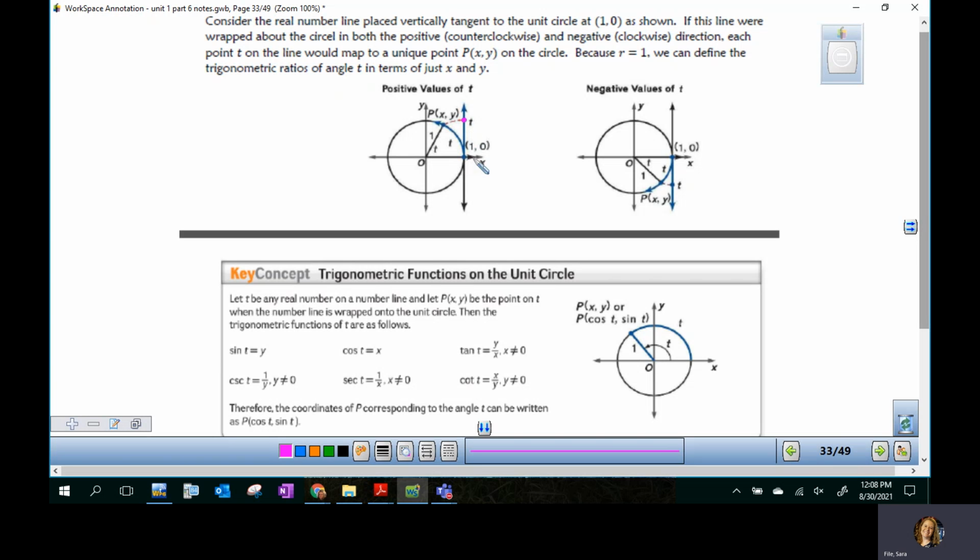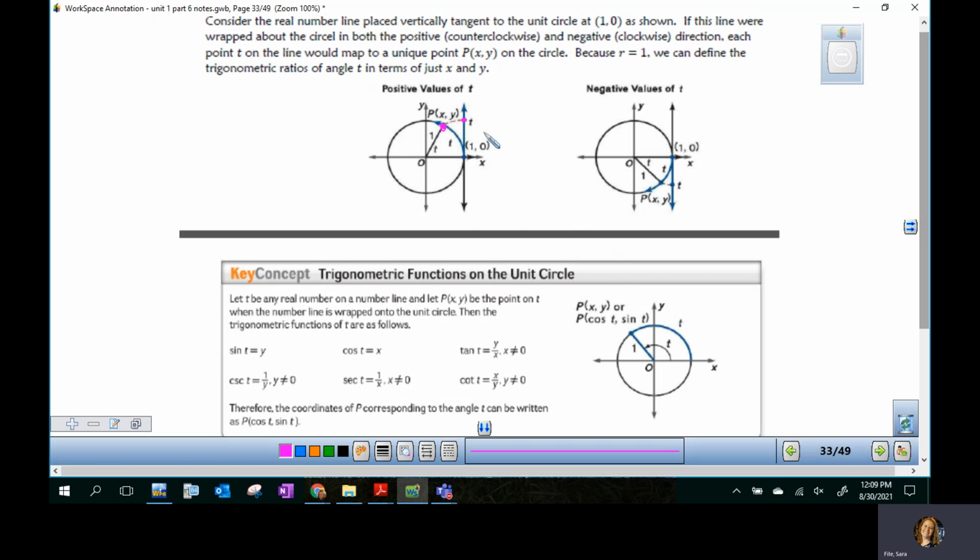Okay, if I were to wrap this line around the circle, that T would end up a point on the circle with coordinates X, Y. They're calling it point P. You could see if it was further up the number line, it may end up looking like this, but that distance T becomes the arc length, which is the angle in standard position.